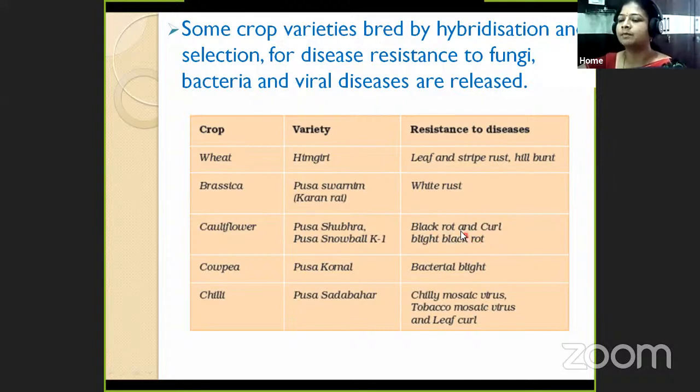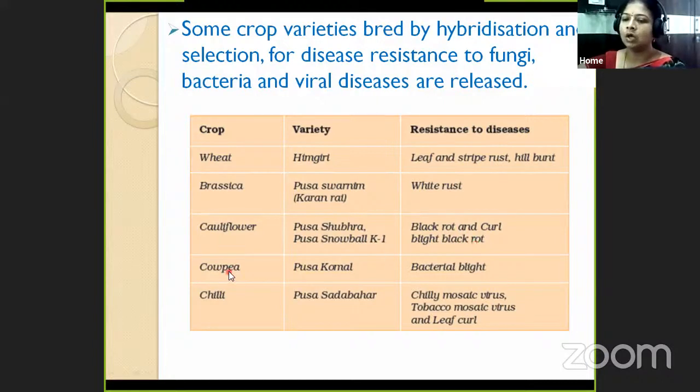These two are fungal diseases, and Pusa shubra and Pusa snowball K1 have resistance against black rot fungus and curl blight black rot fungus.